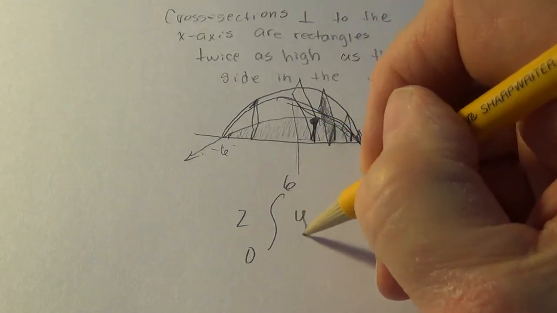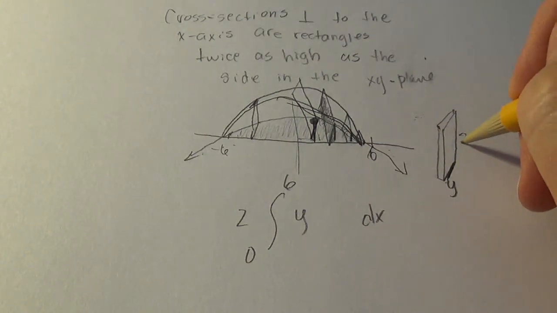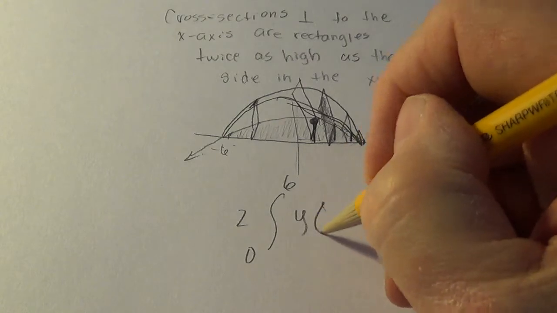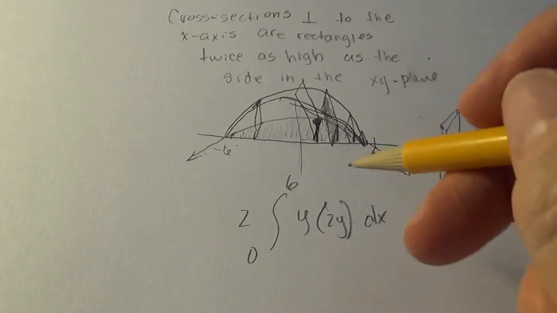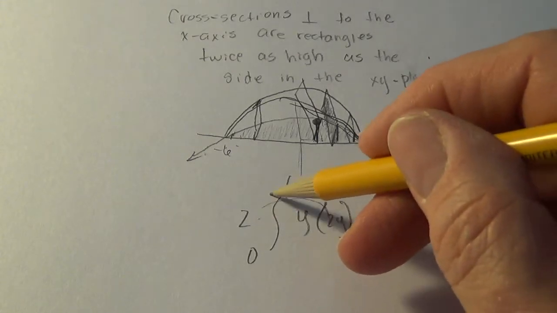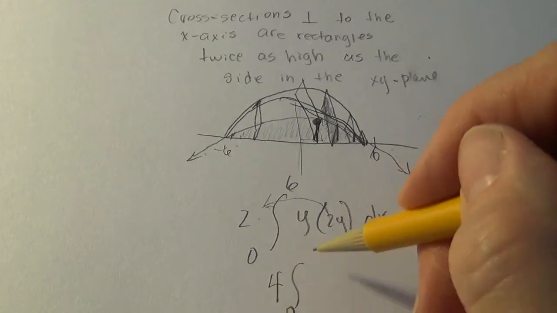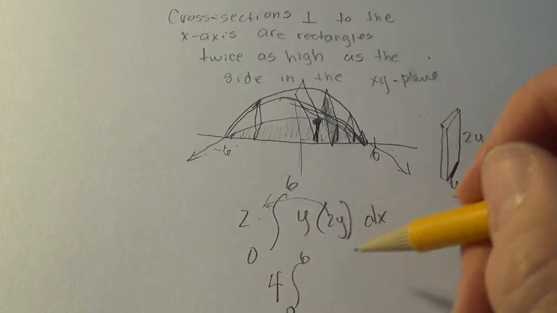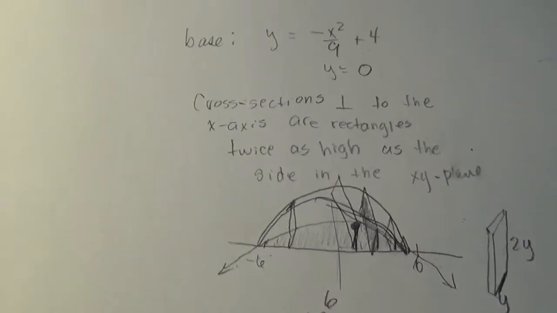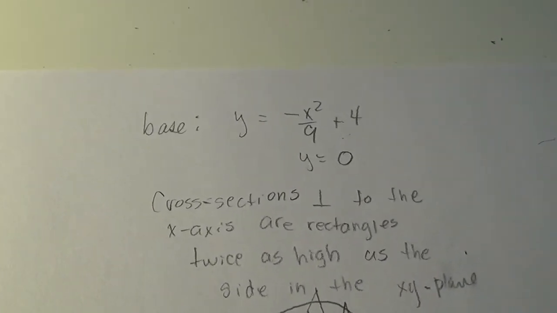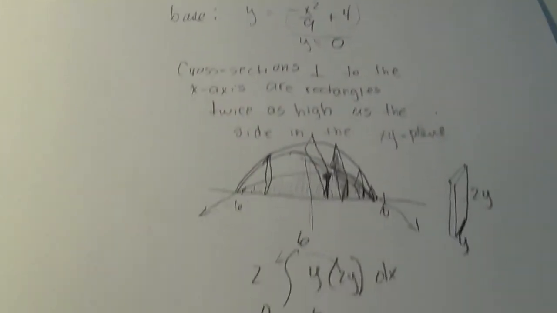So one of the dimensions is y, but the problem states that the height is twice the width, so we have y times 2y. I can take the 2 across the integral sign where it combines with the 2 that I put there, creating a 4, and it leaves me y squared dx. I need to work in x, so I go back and see y can be replaced with this expression, so I will do that.